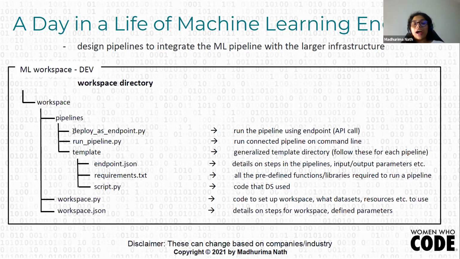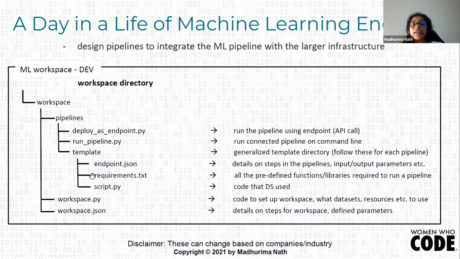So I would want to write all the scripts that I would need to run the predict pipeline as an endpoint. The run pipeline would be, I want to run my predict pipeline using command line and all the script that is required there.